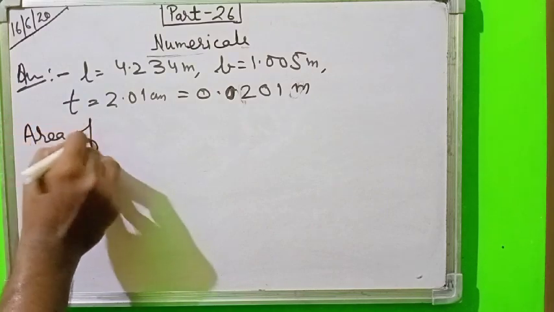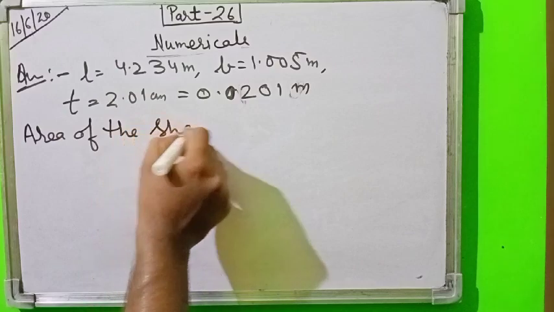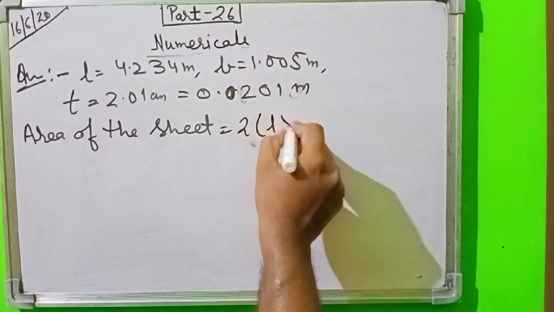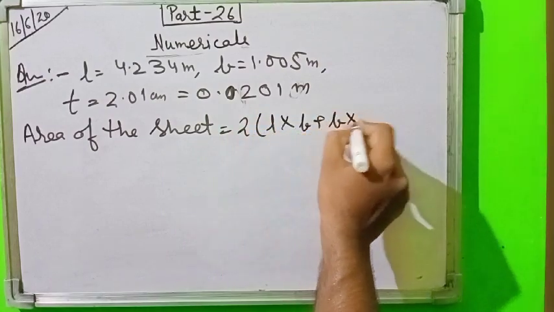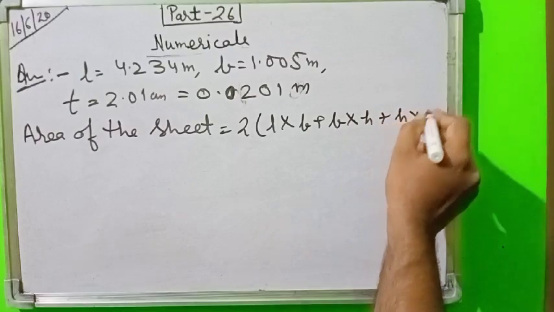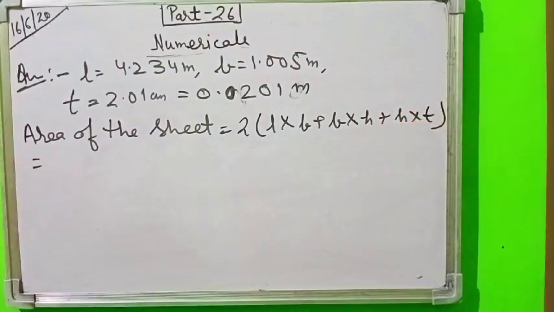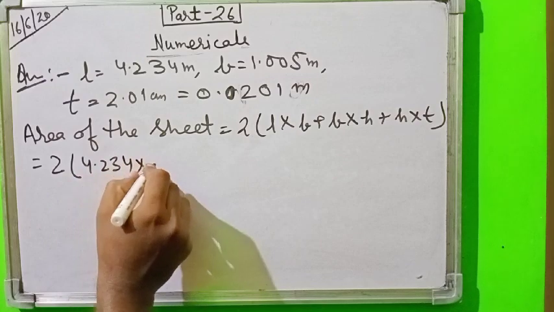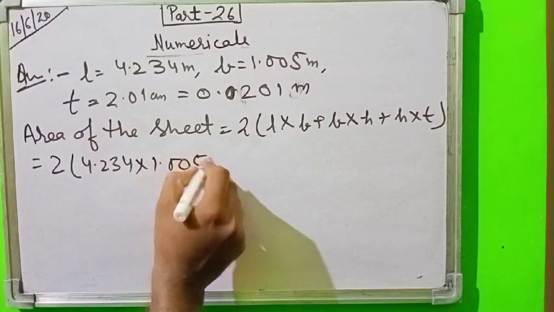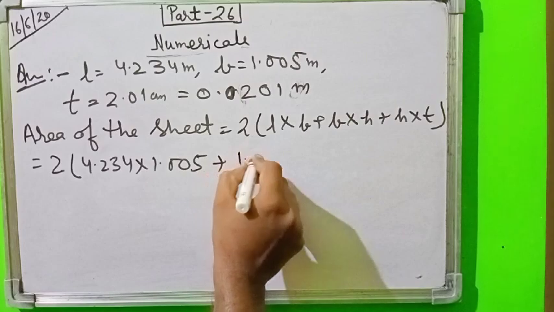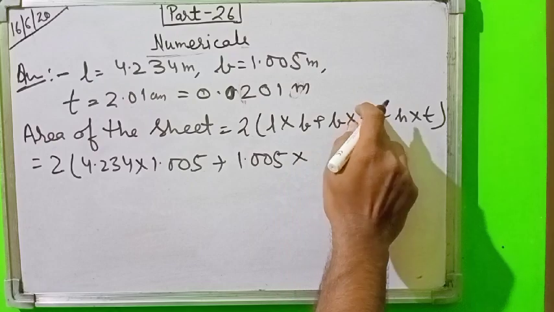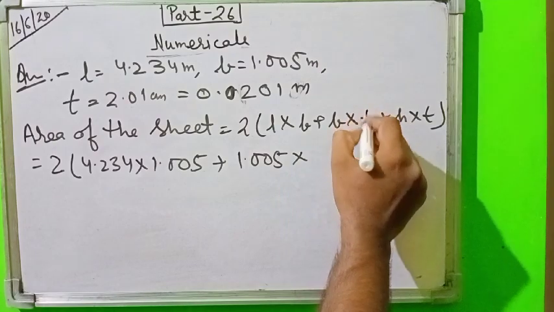Area of the sheet is equal to 2 into length into width plus width into height plus height into thickness. That is equal to 2 into 4.234 into 1.005 plus 1.005 into breadth into thickness.